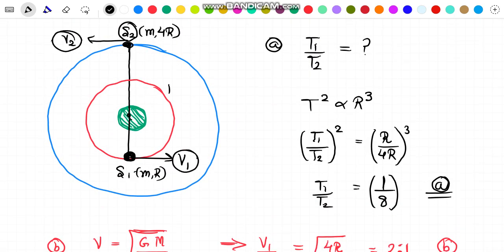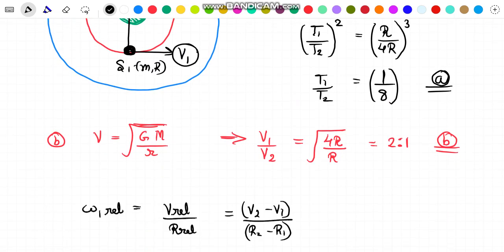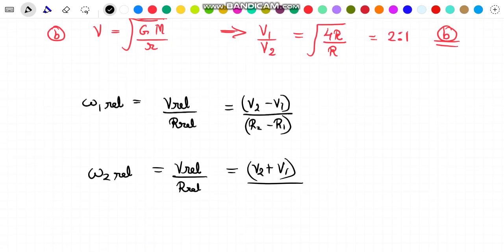So the relative velocity of satellite 2 as seen by satellite 1 will be v2 plus v1 divided by the relative distance between them. This time this distance is equal to r1 plus r2.